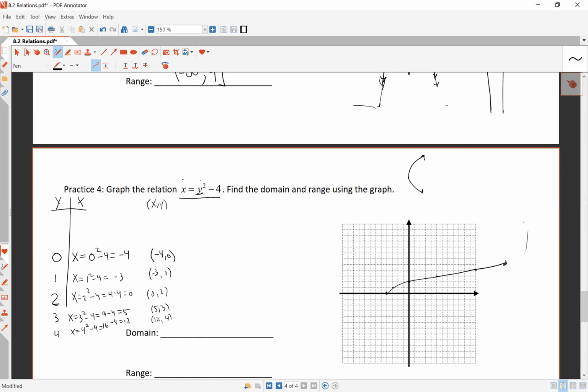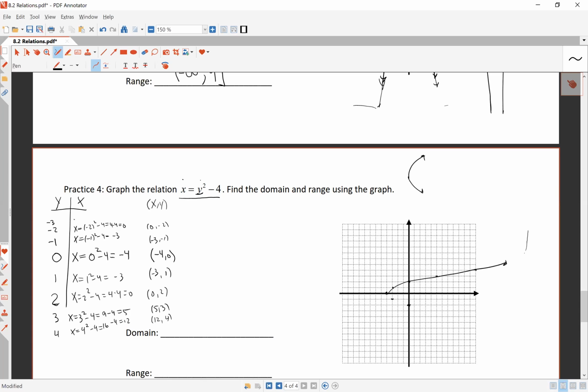And on the other side, we plug in negative 1, and x is equal to negative 1 squared, which is positive 1 minus 4, which is negative 3. Plugging in negative 2, we have x is equal to negative 2 squared minus 4, or 4 minus 4, which is 0. As with all parabolas, we start to see the points on the bottom portion.